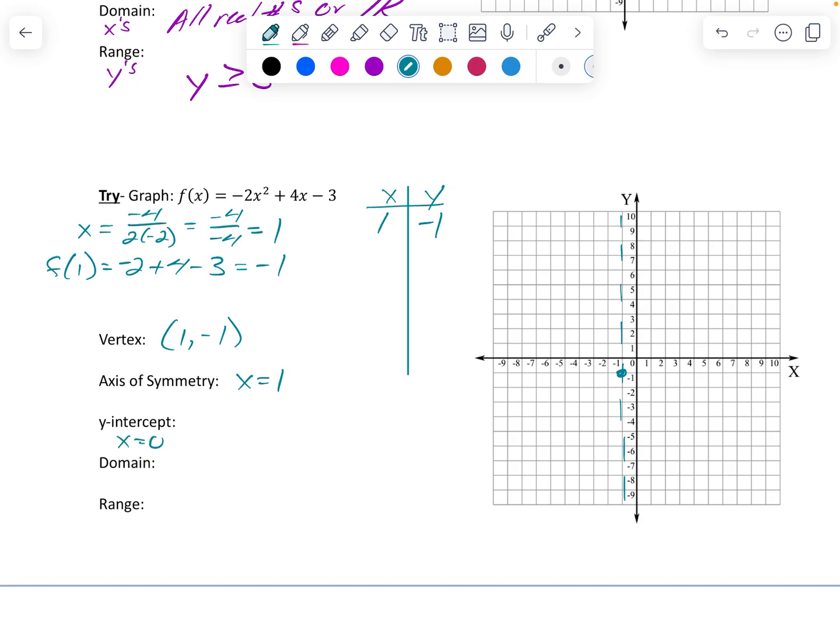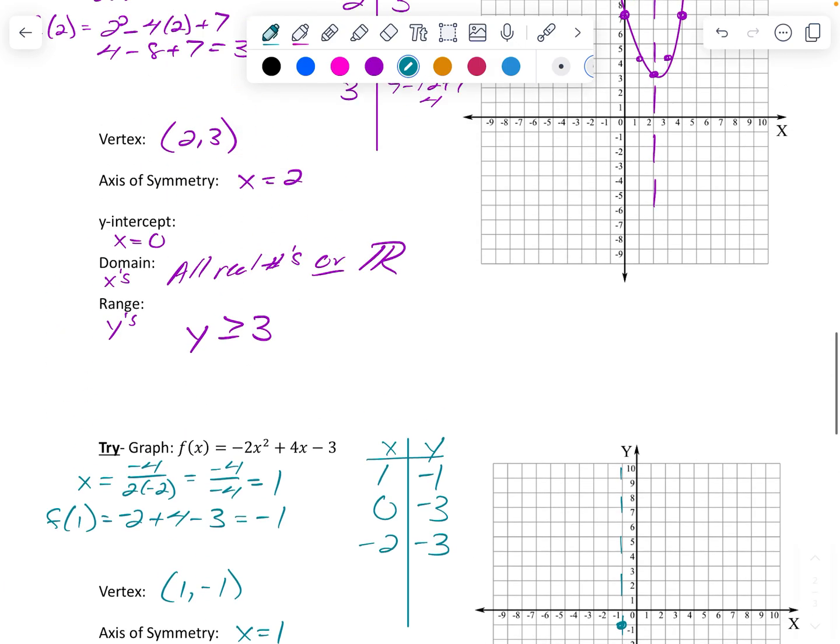Y-intercept, that's when we let x equal 0. When x equals 0, y is -3. That's so easy. And it's going to have the 1 to the right, 1 to the left. So -2 will also be -3. Oh, I don't know if I wrote it on there. Let's see, 0, -3. Did I write it up here?